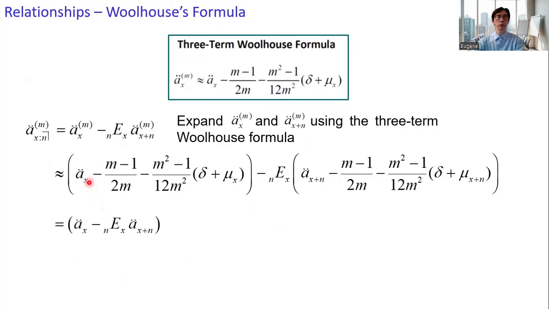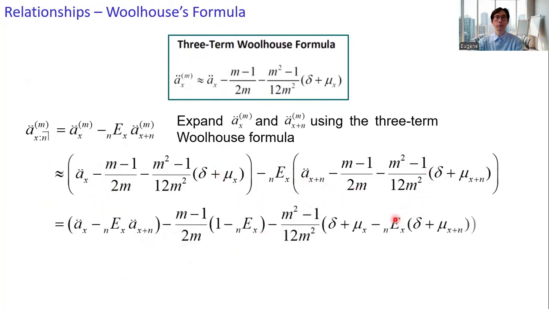All right, group the first term, a double dot x, and the first term in the second expression, nEx a double dot x plus n. And then the second term in the two expressions, and then the last term.